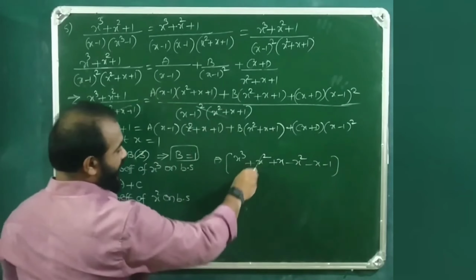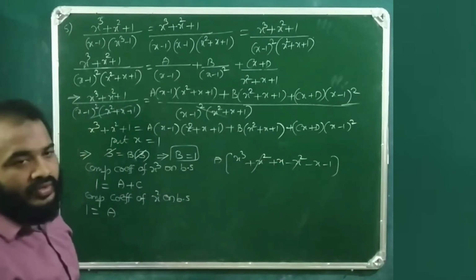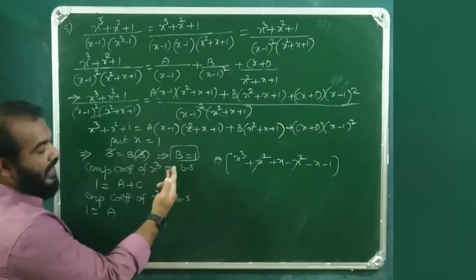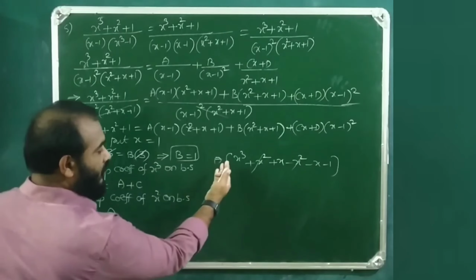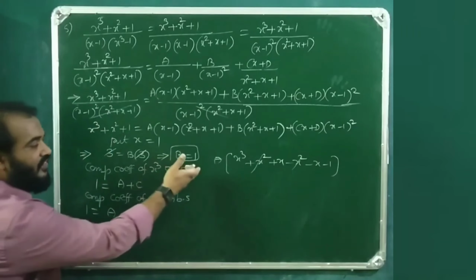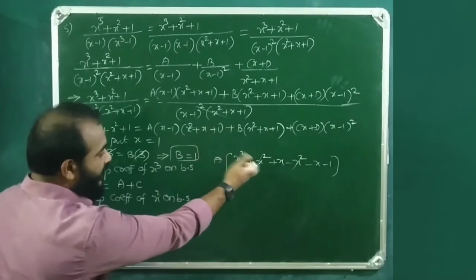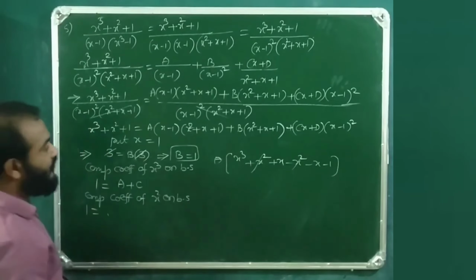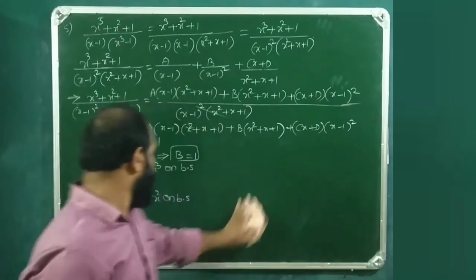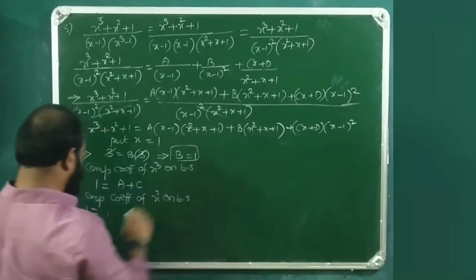So the x square terms get cancelled, so we don't have an x square coefficient here. Since it is getting cancelled, here the x square coefficient is B.